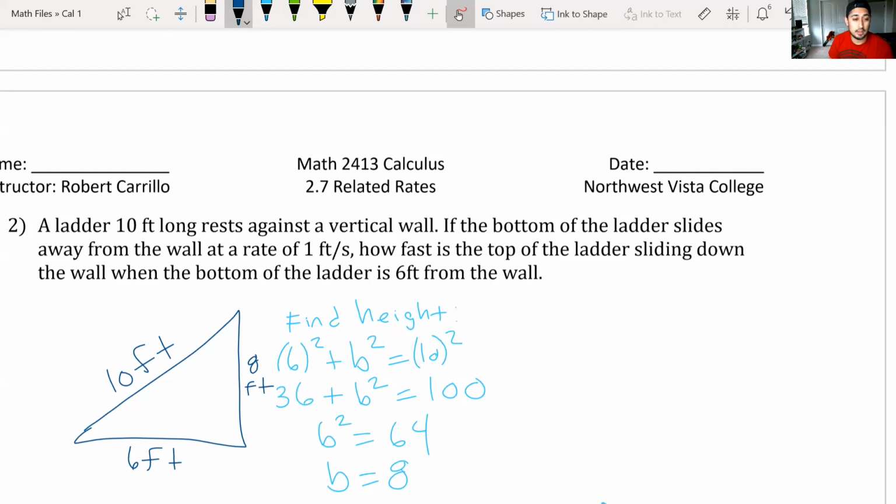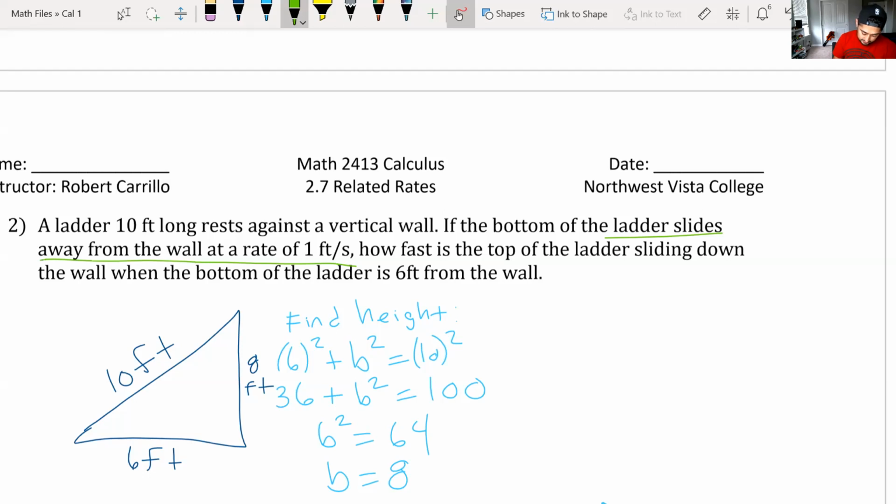But now, the other piece of information given is that the ladder slides away from the wall at a rate of 1 foot per second. So this ladder is sliding away from the wall at 1 foot per second.